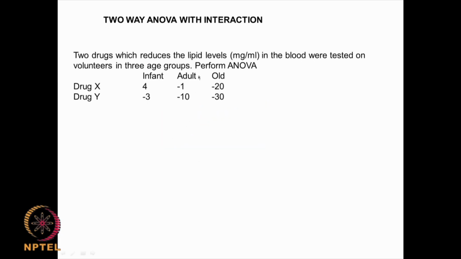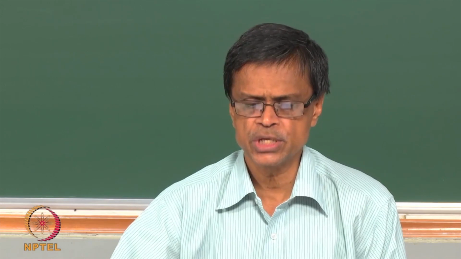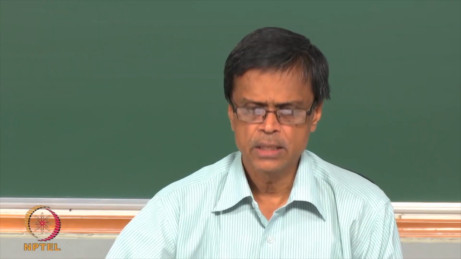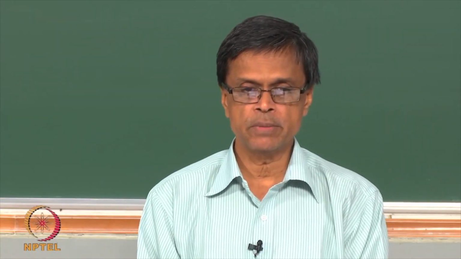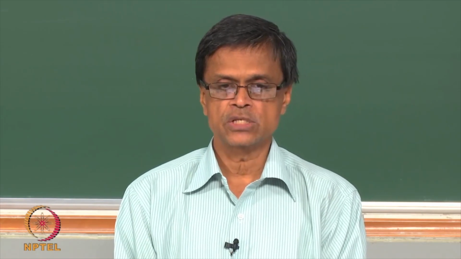I want you to see this: drug Y behaves very differently in adults, and it works very differently on infants and on old people when compared to drug X. So, obviously, there is an interaction between drug and age. We will talk more about interaction in the next class as well, because that is very, very important. Interactions can happen quite a lot between drugs and type of race.